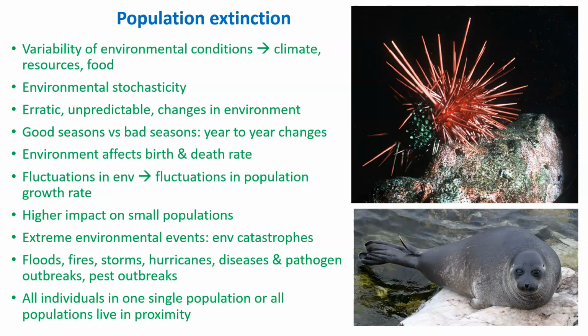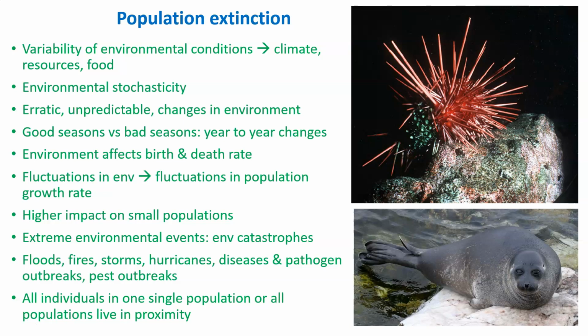Okay, and we know that these environmental variables like climate, weather, physical structural features of the habitat, nutrient availability, food availability, all of those can impact the birth rate and death rate. If they are better, birth rate goes high, death rate goes down. If the environmental conditions are bad, then it's the other way around.